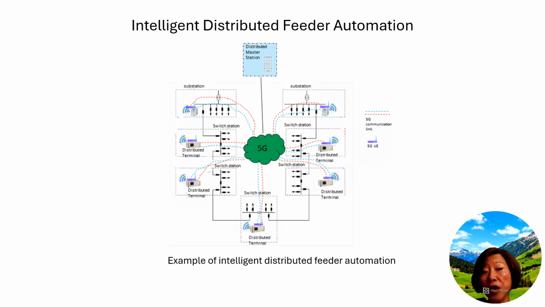The 5G communication system facilitates communication among these distributed terminals, while the distribution master station is typically connected to the 5G system via a data network, which falls outside of the 3GPP scope. The distribution master station manages multiple distributed terminals, each equipped with a 5G UE, to exchange collected data with other terminals.